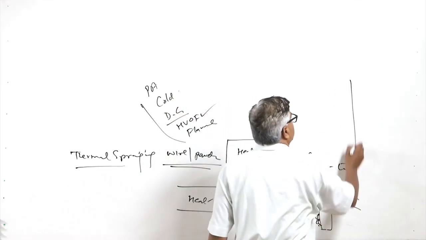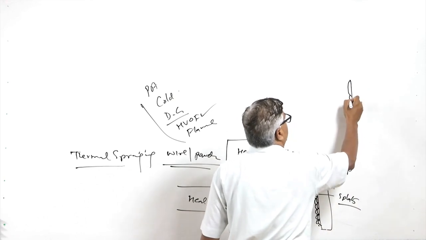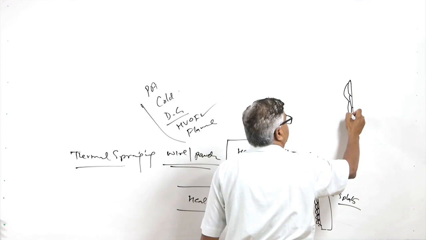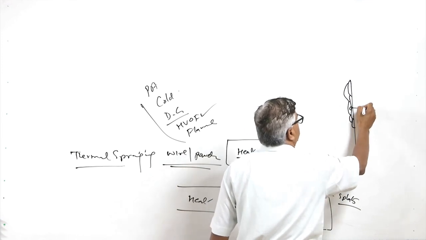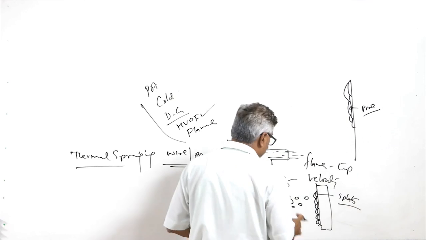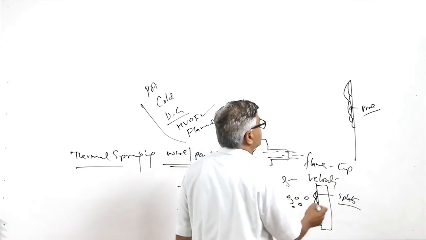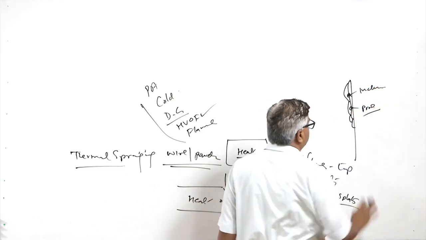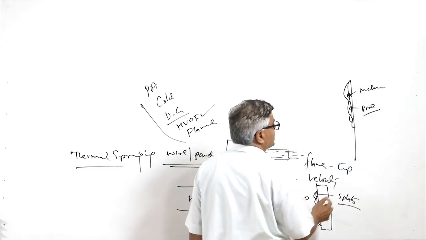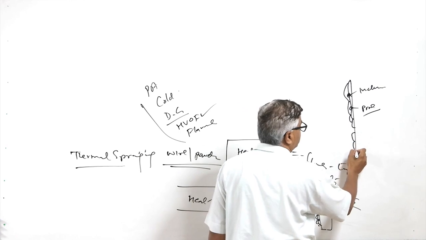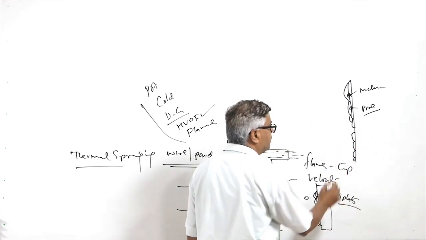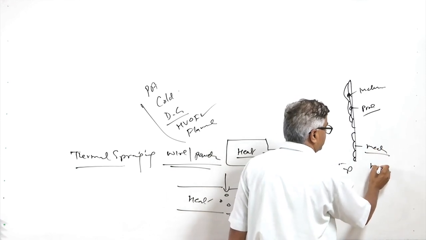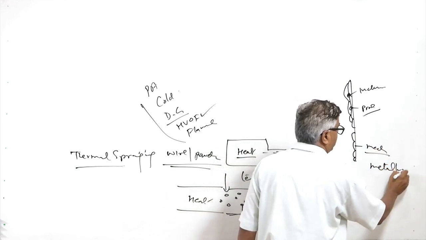So, if the velocity is less, then some gaps may be left between the particles which have already been deposited, which will lead to pores. And if contamination due to atmospheric gases takes place, it will lead to the formation of inclusions. These are the common defects. If the velocity is less, the bond of the coating with the substrate will also not be good, because this bonding depends upon mechanical interlocking and, to some extent, metallurgical bonding.